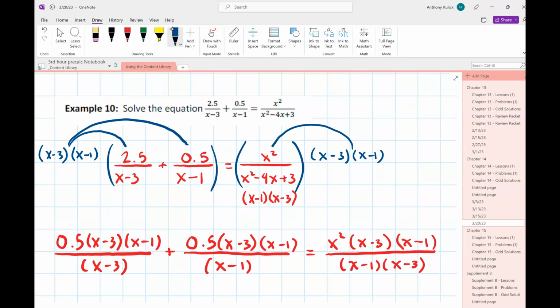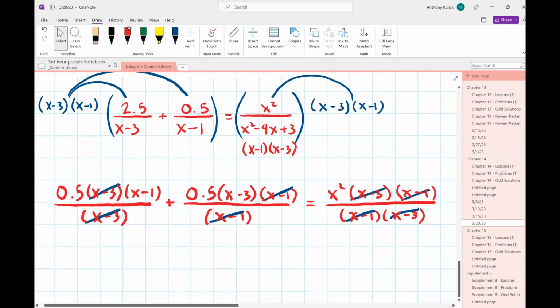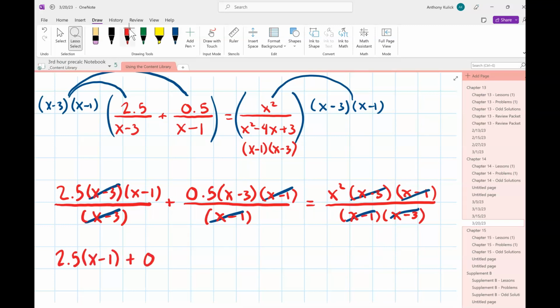So multiplied everything out. Now what? Cancel them out. Okay. Oops. That was supposed to be 2.5. Everybody good?